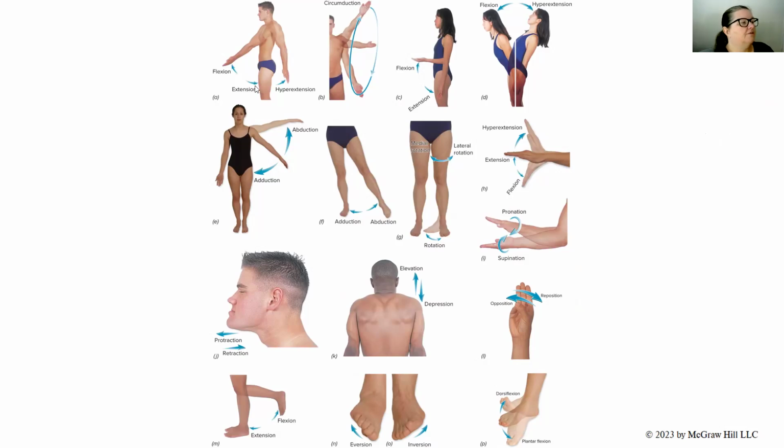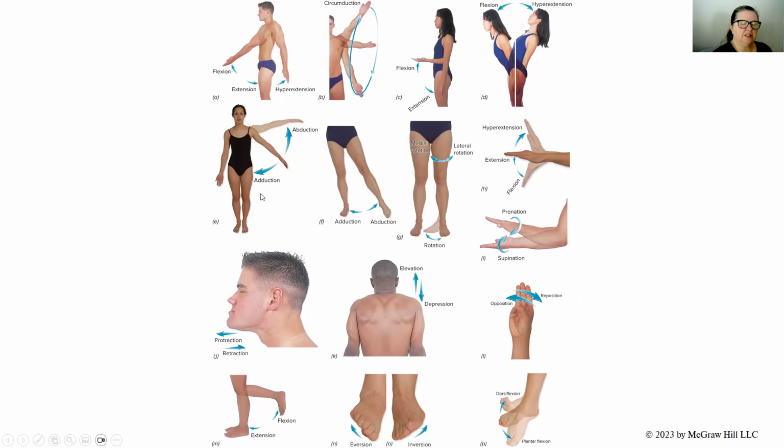So here we have flexion going up, extension going out and back, and then hyperextension of the shoulder going all the way back. This is rotation here, but could also be considered flexion, extension, and hyperextension if you look at it from the front. Flexion of the arm up, extension down. Flexion at the waist forward, hyperextension backwards.